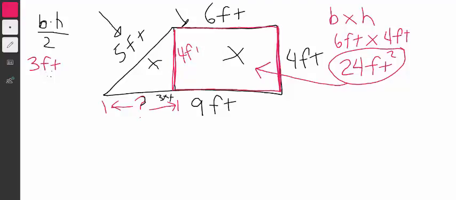Oh yeah. We're not talking about the hypotenuse. We don't need to worry about that at this point. We just want to know the height of the triangle, which is 4 feet, the same as the height of the rectangle. All right, so we have 3 feet times 4 feet divided by 2, correct? Yes.